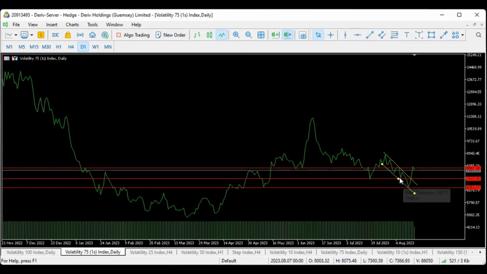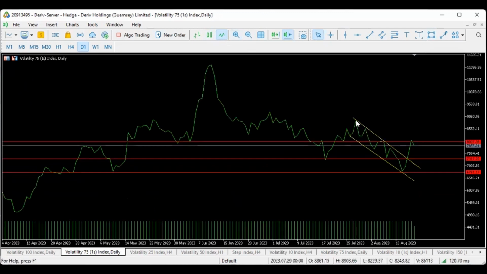If you go to H1 or H4, you'll see very many lower lows and lower highs, because this is daily. And this trend, remember, we have been bearish all over here. You can see price forming lower highs and lower lows, until we reach this level.